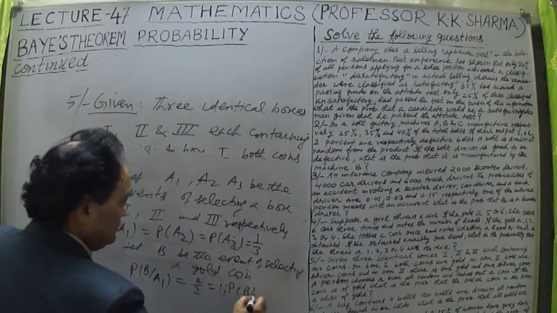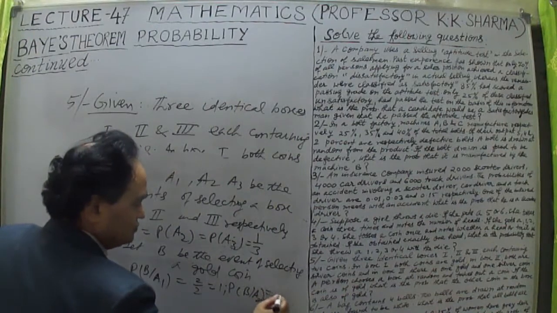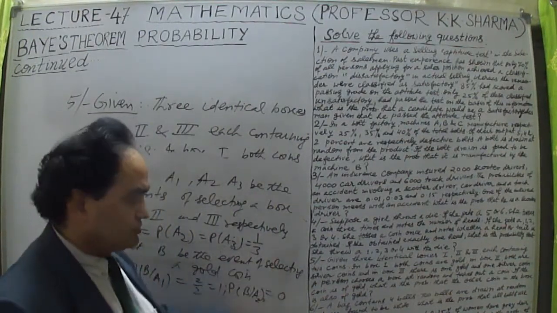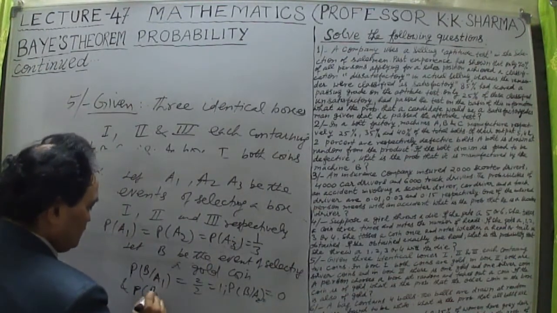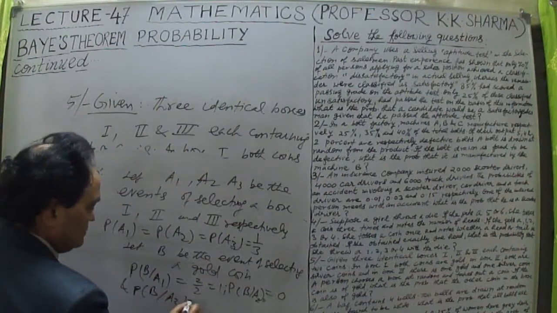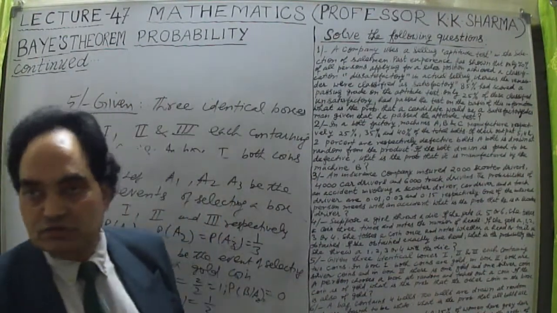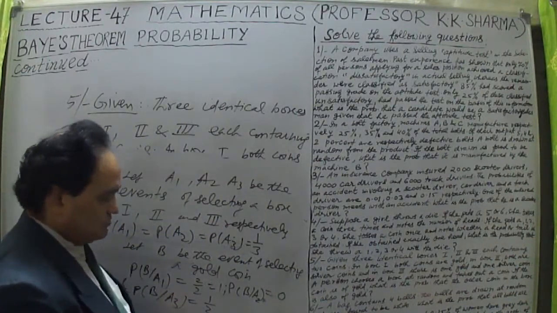Probability of B given A2 is 0, because there are silver coins, no gold coin. And probability of B given A3 is 1/2, because there is 1 gold coin and 1 silver coin in the third box.